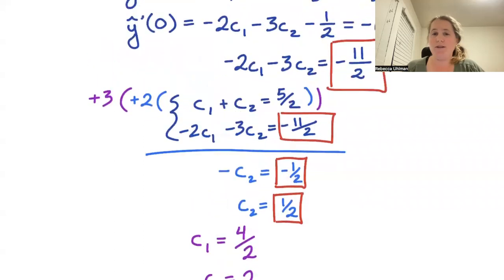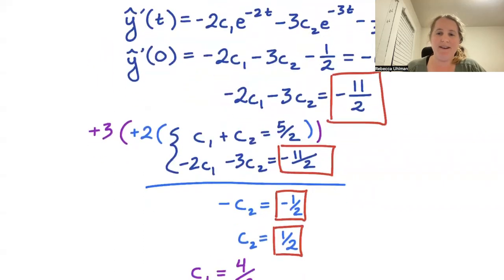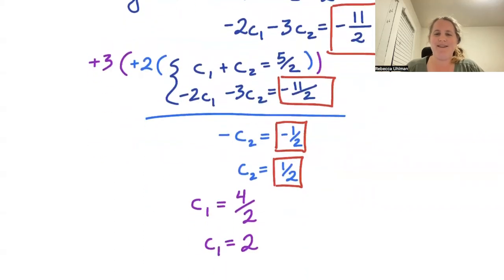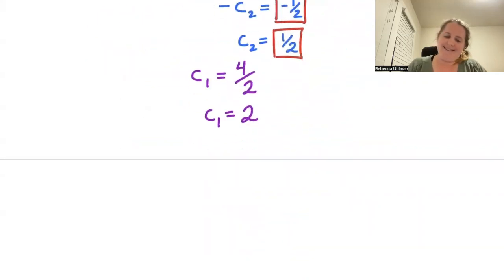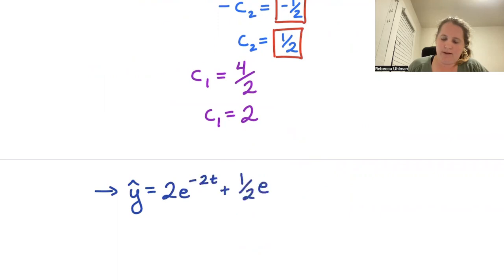Again, I apologize for the arithmetic error in this case. We wind up getting here that our y hat should be equal to 2e to the negative 2t plus 1/2 e to the negative 3t plus 1/2 e to the negative t.